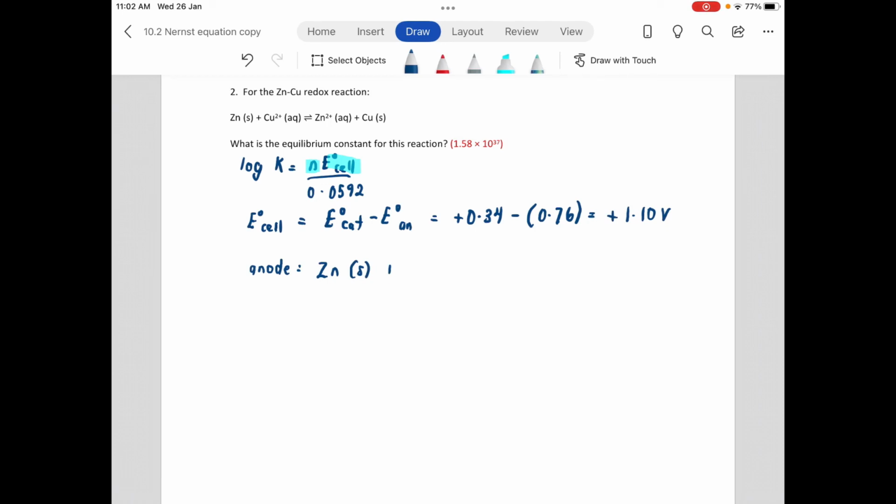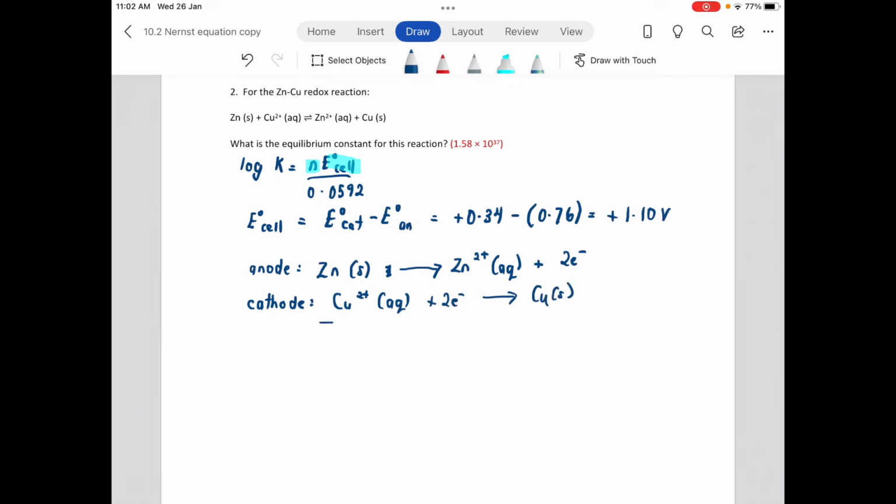Okay, so for anode, okay, zinc is our anode because dia punya E naught cell tu rendah tadi, so it will go oxidation, while cathode is copper cell, so it will undergo reduction.